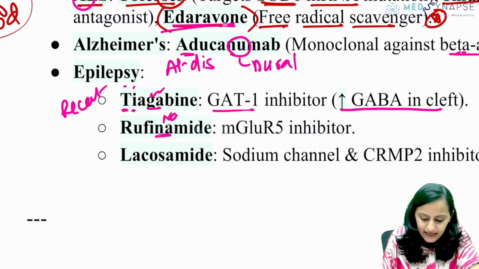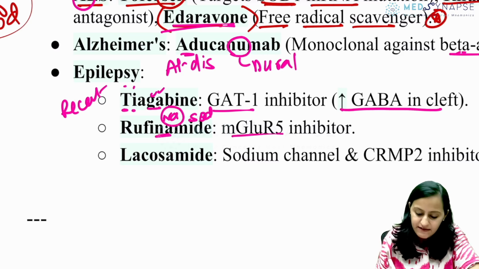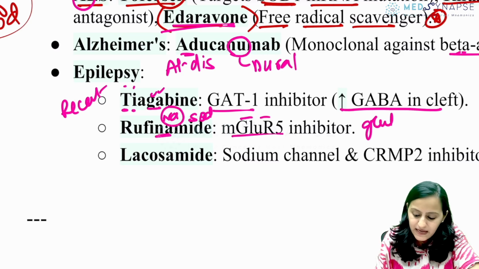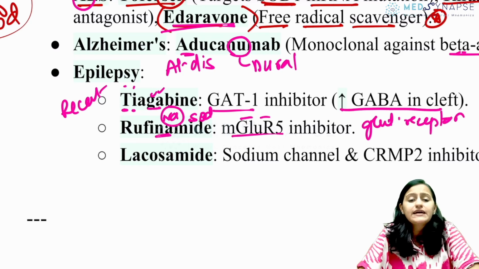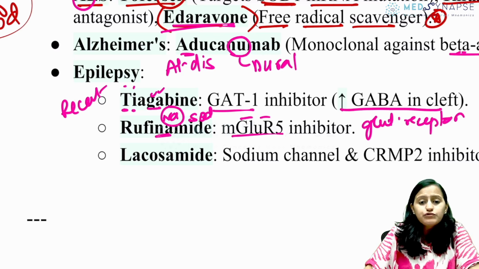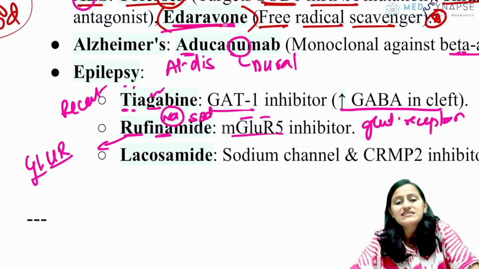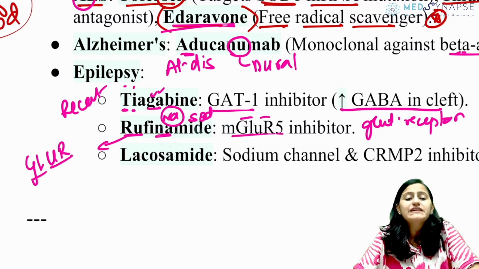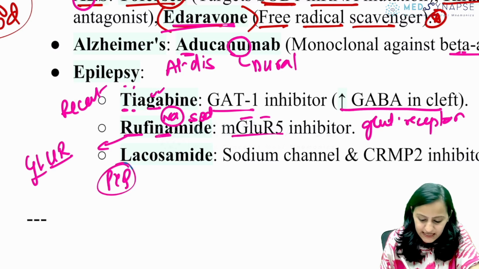Rufinamide, one is your NANA, it does act on sodium, plus it is your mGluR5, which is basically your glutamate receptor. Again, glutamate, excitotoxicity, right? So, rufinamide, RU is your UR, the glutamate receptor. Okay, so rufinamide. Lacosamide, one of the recently asked questions.